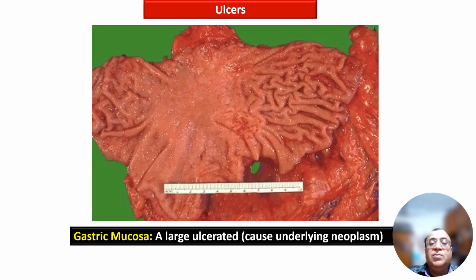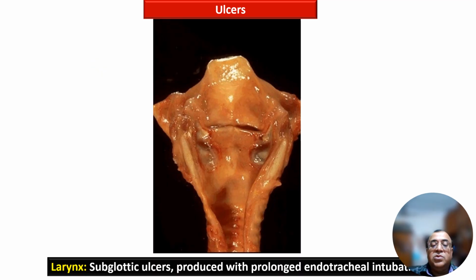This stomach wall, or the gastric mucosa, is also showing an ulcer, and this ulcer over here is due to an underlying neoplasm. You can see that there is also loss of rugal folds that are normally present on the mucosal surface of the stomach. These ulcers can develop by mechanical irritation, as happens over here.